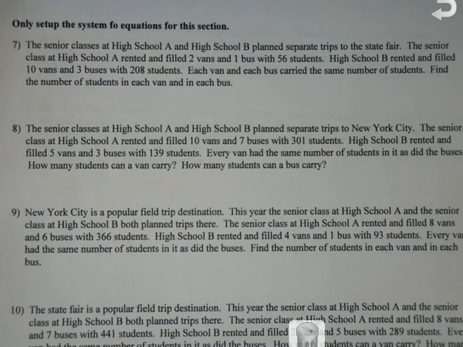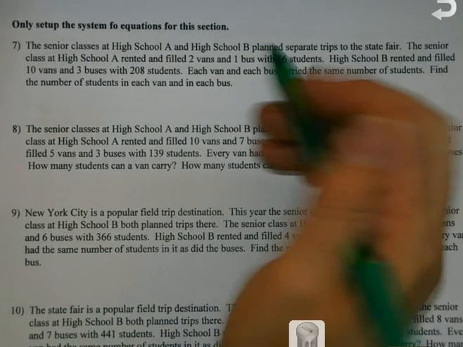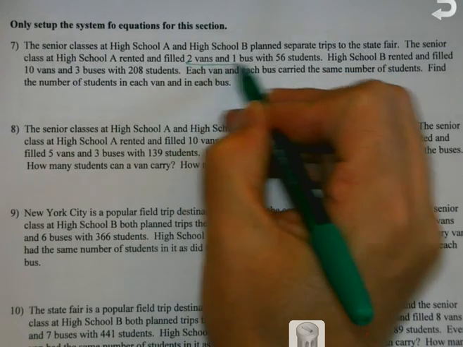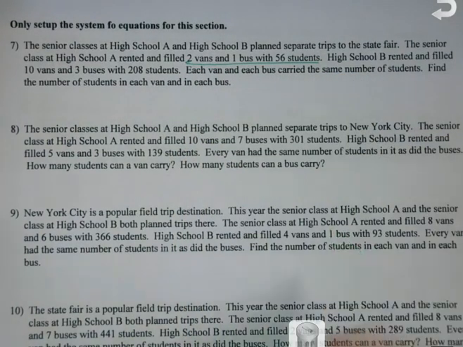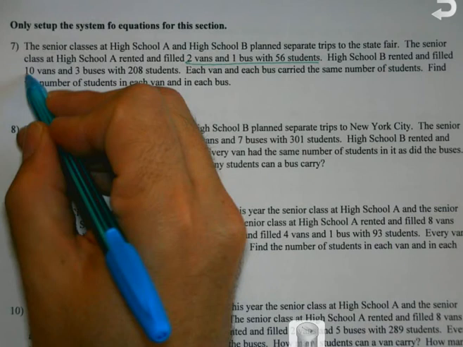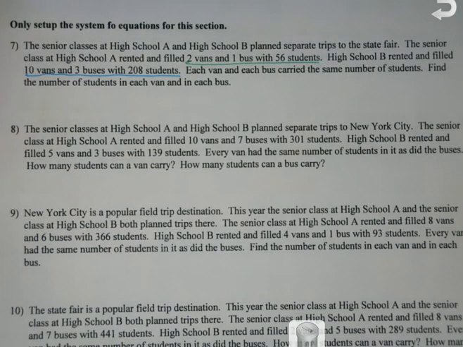So how do I do this? Basically you're going to have 2 separate types of things going. First, we have to figure out what the variable terms are. So I start looking: senior class at high school A rented and filled 2 vans and 1 bus with 56 students. High school B rented and filled 10 vans and 3 buses with 208 students.